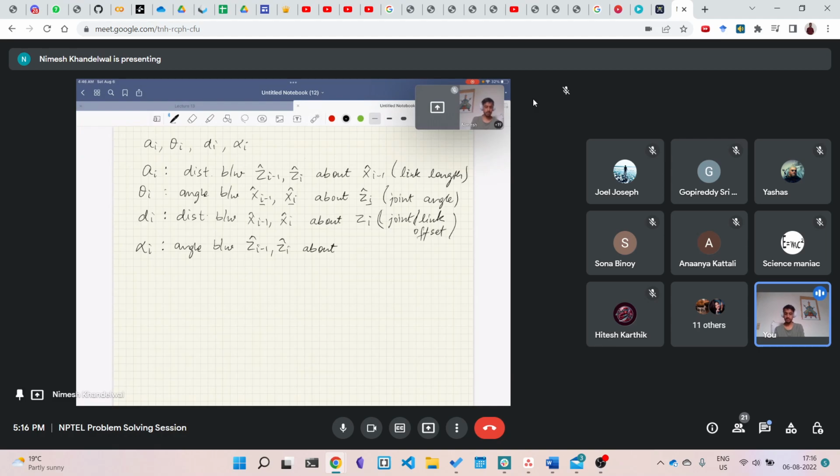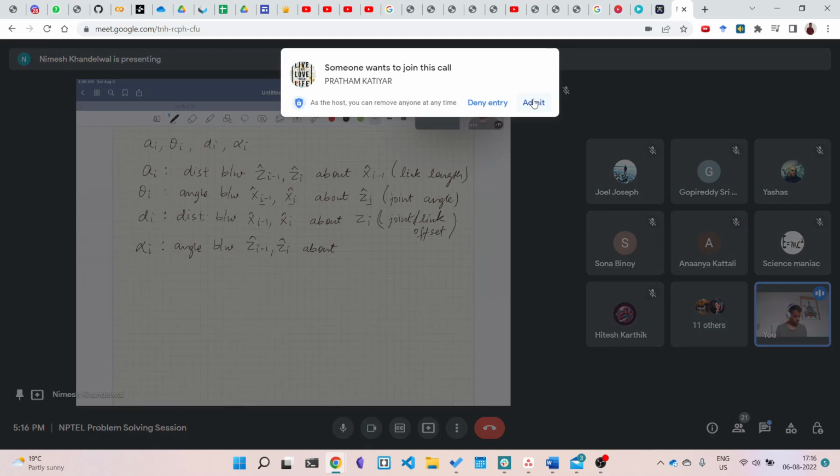Every time you talk about anything, you need to specify about which axis you're rotating or translating, because direction is important. And this is along x i minus 1. And this is called, I think, link length.